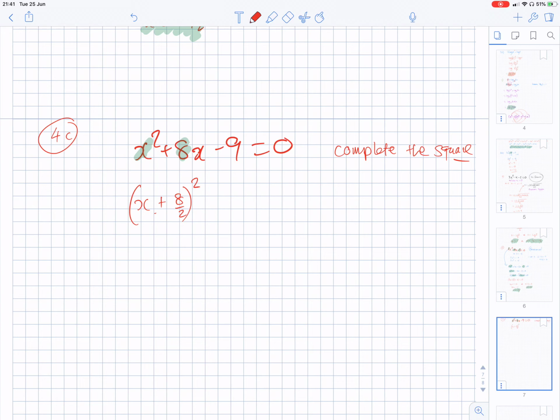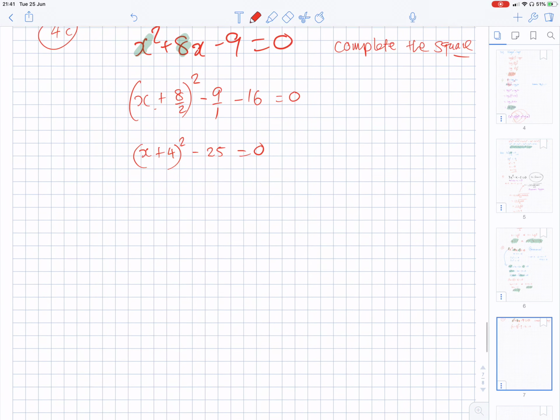And then we subtract the 9, which is there. We can call it 9 over 1 if we want. And then we subtract 8 over 2, which is 4, right? 4 squared is 16. So it's minus 16 equals 0. So we have x plus 4 squared minus 25 equals 0. And then we do x plus 4 squared equals 25, because the 25 will just move to the other side and become a positive.